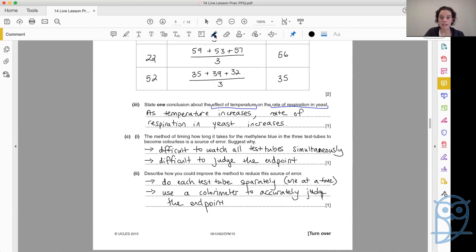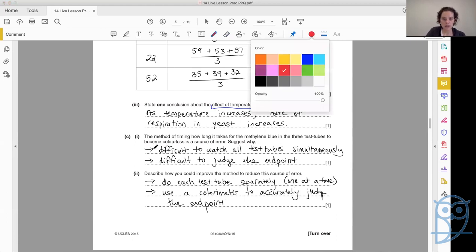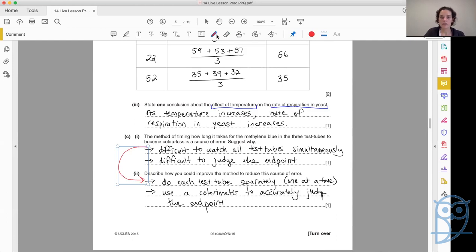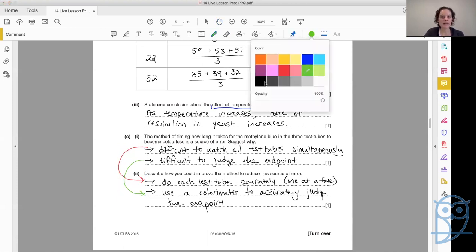Okay, but it is absolutely crucial that whichever one you pick for the error, then you pick the relevant fix. You can't give one error and then give a different fix. Okay, they have to be related to each other. And that's the same when you're talking about any kind of error in any fact, they must be related.